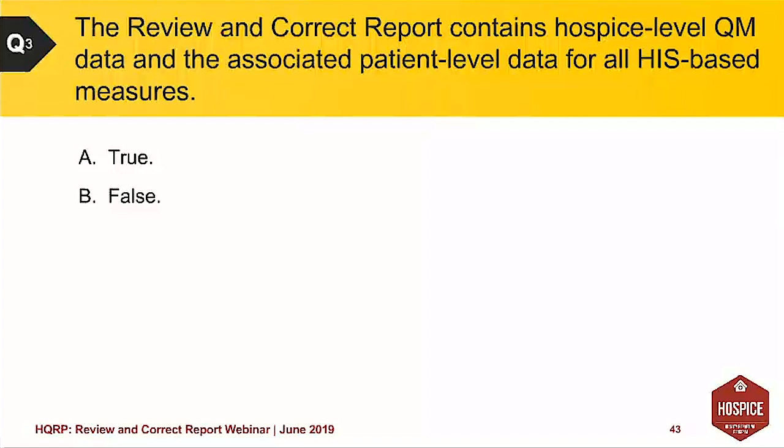All right, let's take a look. So again, the review and correct report contains hospice-level quality measure data and the associated patient-level data for all HIS-based measures. And that is true. So it looks like most people got the right answer there. So that's fantastic.